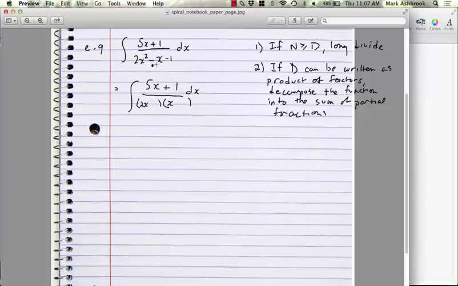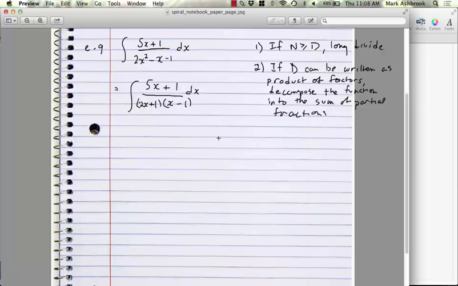Does it work? Can we do it? So I need a minus 1 and a plus 1 so that when I do those middle terms, I get negative x. Plus 1, x minus 1. That does it. You get 2x squared, you get a plus x and a minus 2x. It gives you the minus x, and then plus 1 times minus 1 is minus 1.